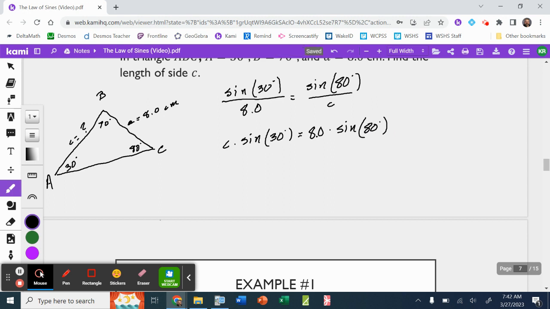Now, I want to solve for side c, but right now it's being multiplied by the sine of 30 degrees. So to undo that, I'm going to have to divide both sides by the sine of 30 degrees.